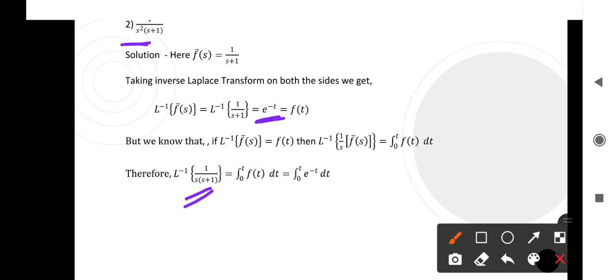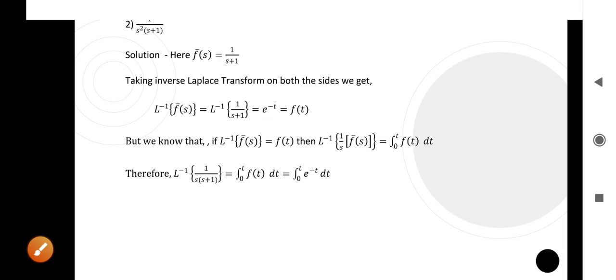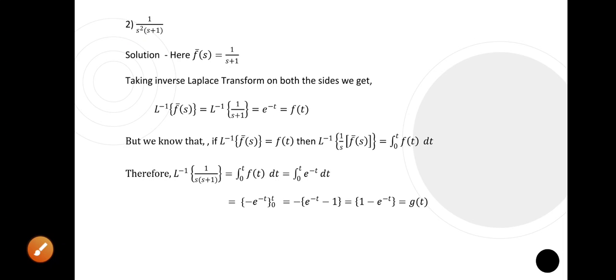We are having the result of integration e raised to ax dx as e raised to ax upon a. So using that result, we get integration as minus e raised to minus t within the limit 0 to t. Again here, using linearity property, we can write minus sign outside the curly bracket. So it is e raised to minus t, that is upper limit value, minus e raised to 0, that is lower limit value.